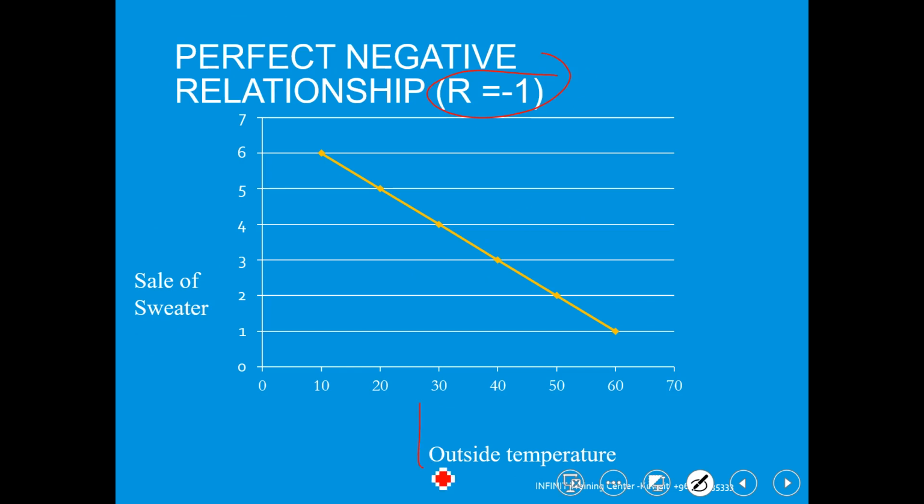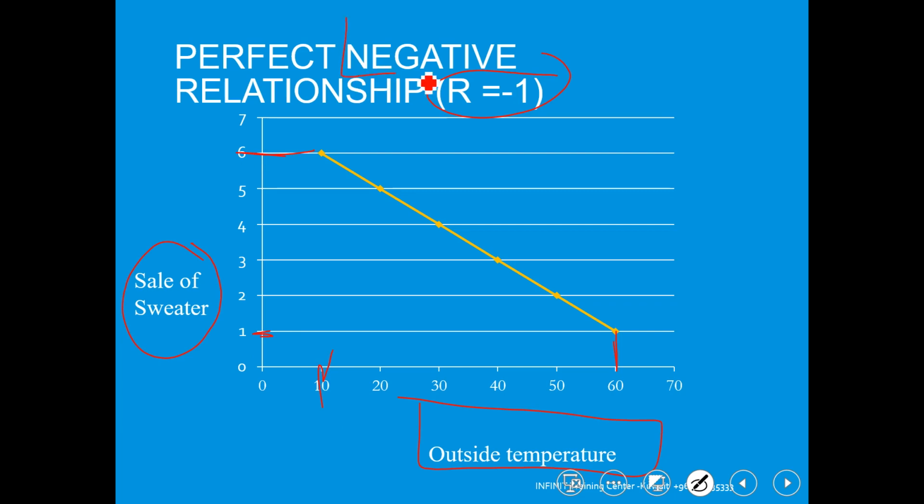Again, we can say outside temperature and sale of sweater. When the temperature is high, sale of sweater is low. But when the temperature is low, sale of sweater is high. So when one is increasing, when the temperature is increasing, sale is reducing.